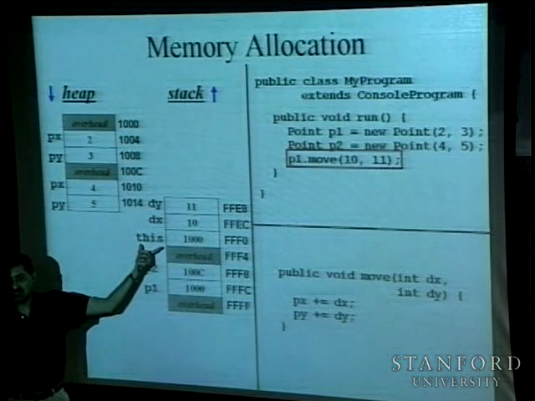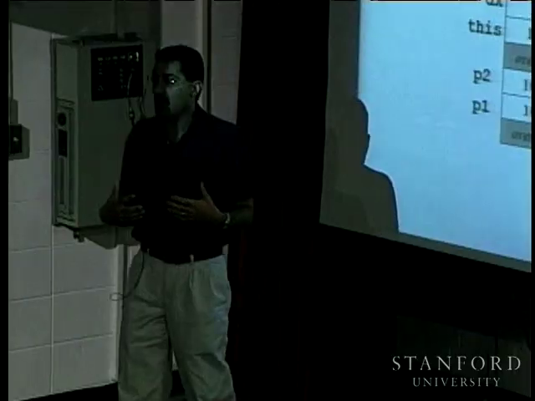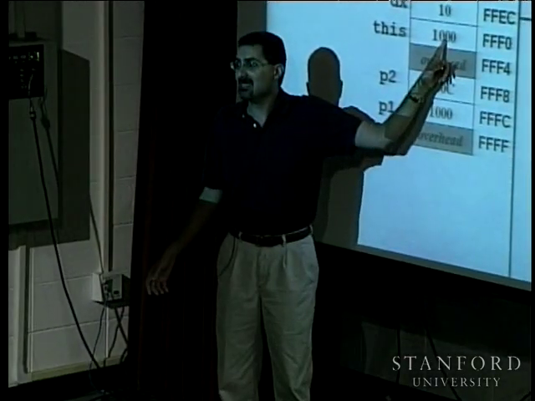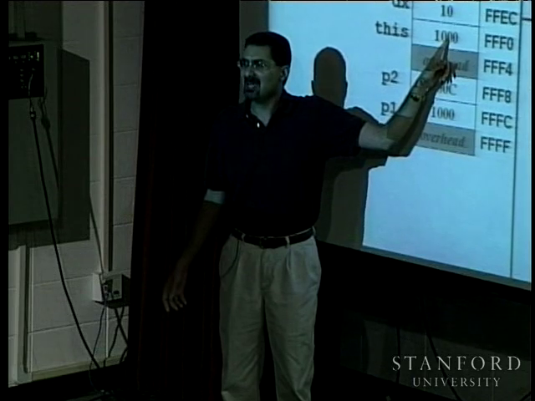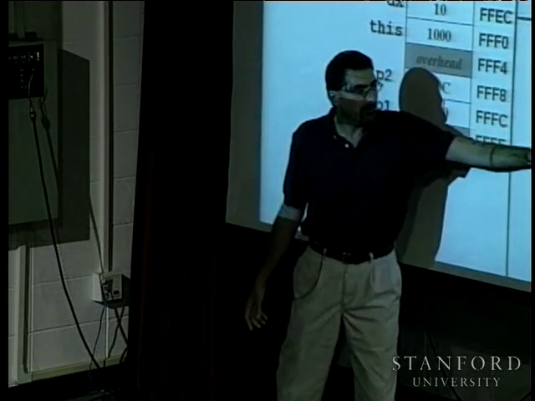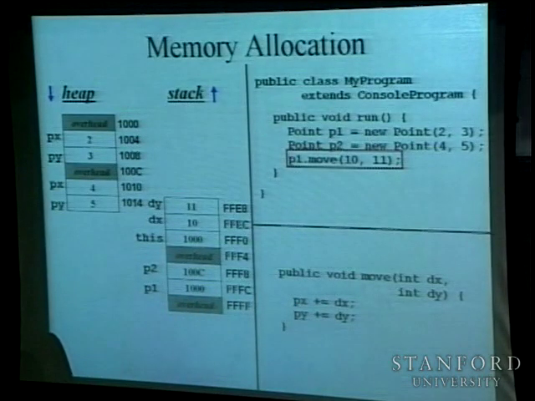Remember when we talked about the this pointer and we said this is basically a way for an object to refer to itself when it's been called? Well, how does it know how to refer to itself? It needs to know where itself lives. And you might say, that's kind of weird, Maron. Why does an object need to know where it lives? Because when I write some method, these methods are not yet associated with particular objects that I created.